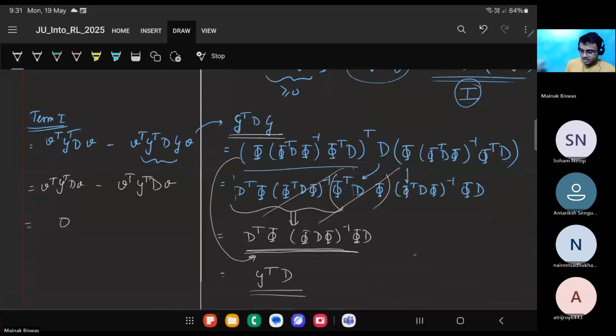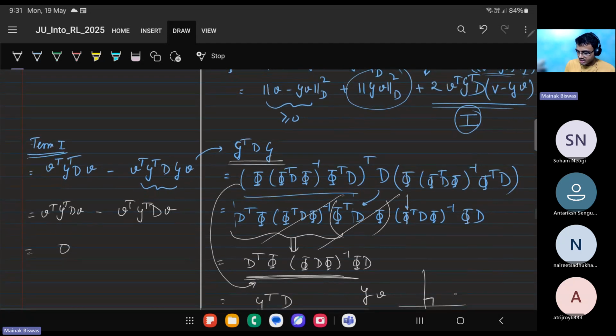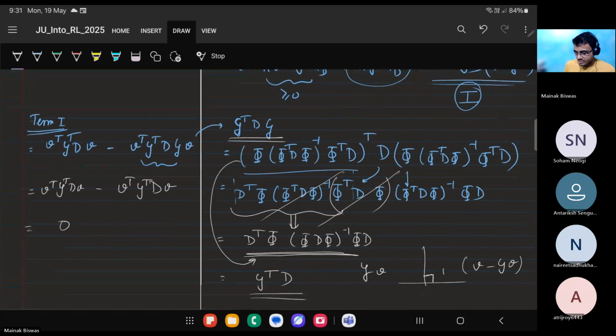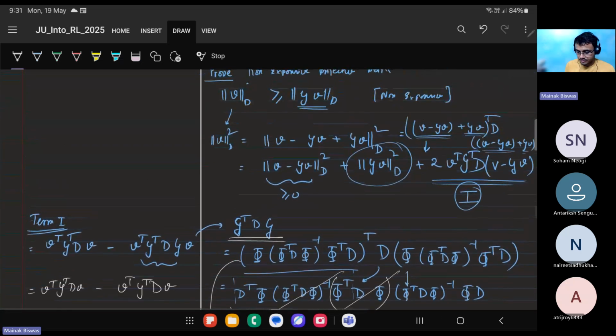Therefore, clearly what we see is that GV is perpendicular to V minus GV in the D norm space. The D matrix is critical here to make them perpendicular, with respect to this diagonal matrix.